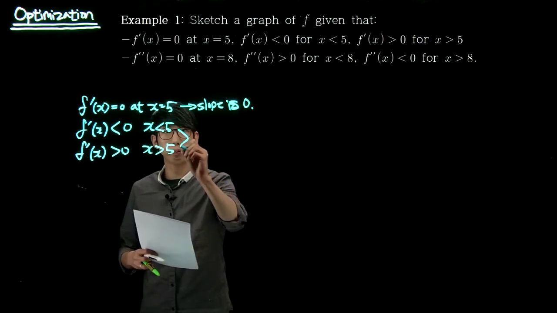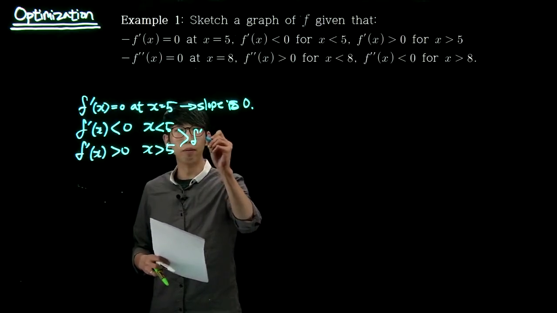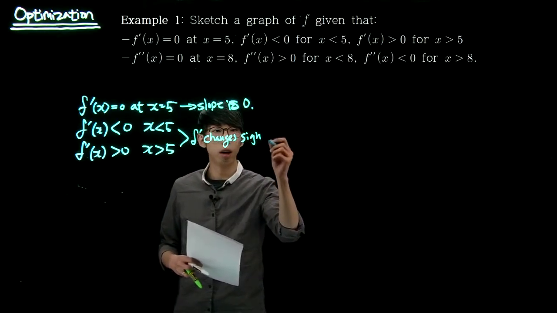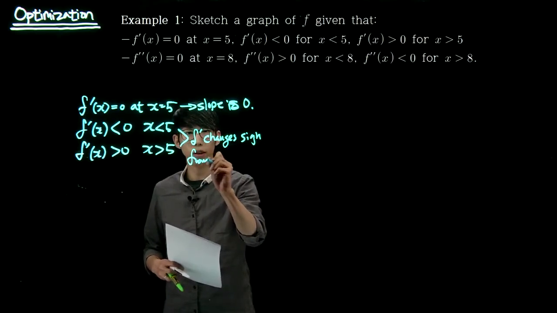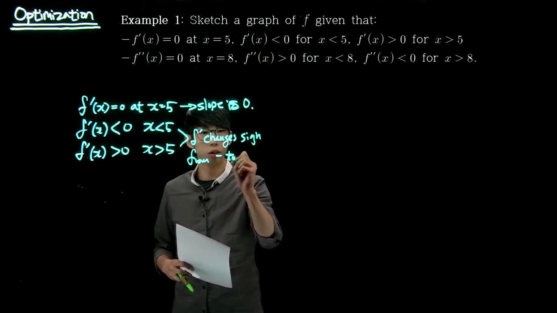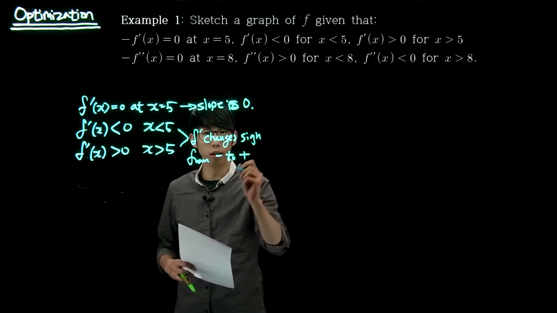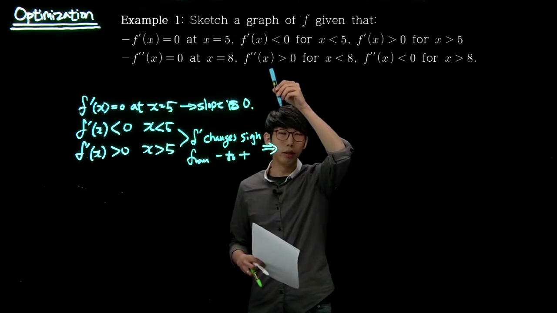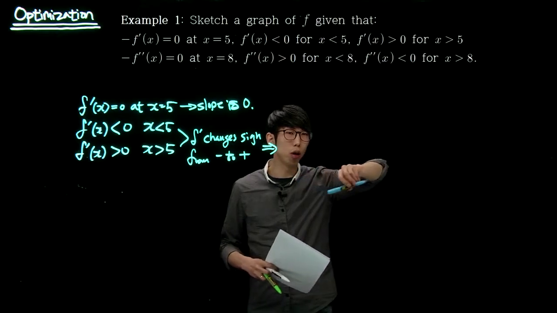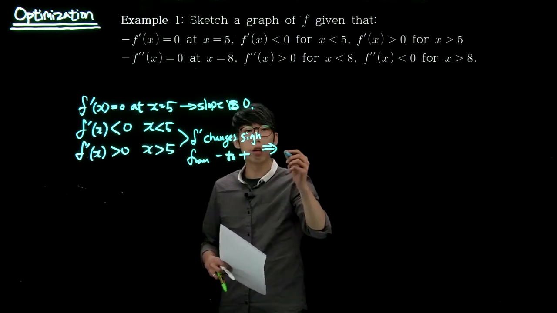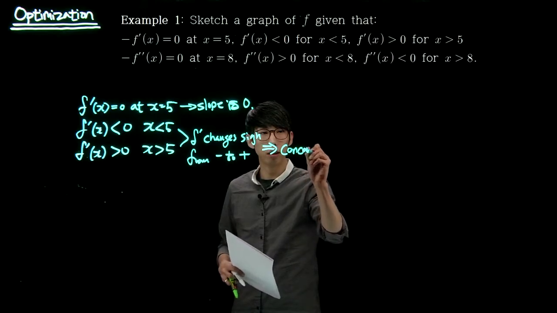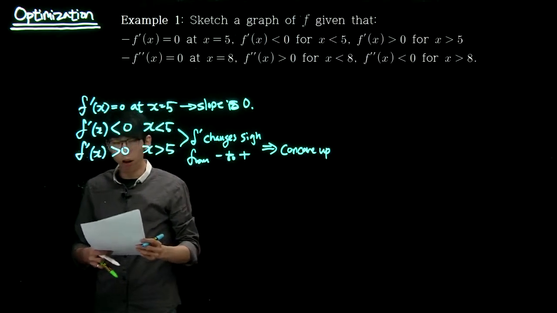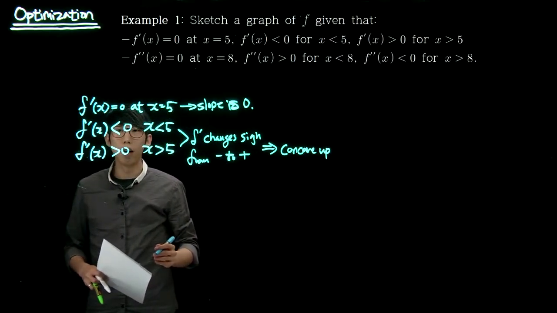So it means that f prime changes sign from negative to positive. And that means that, think about it, the slope is negative, and then it changes to positive slope. It means that it is concave up. Concave up. Okay?